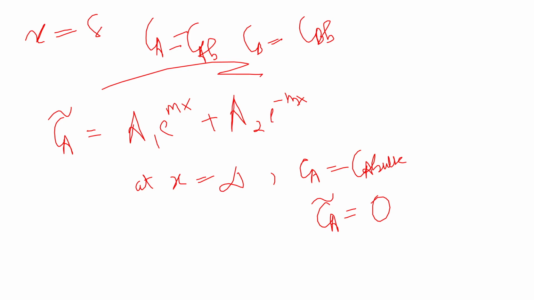So when I'm applying this condition, I'll get A1 equal to 0, and I'll get CA equal to A2 e raised to minus mx. So I got rid of A1 equal to 0. Now I have to find A2.